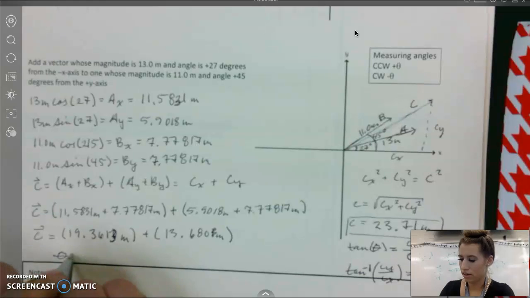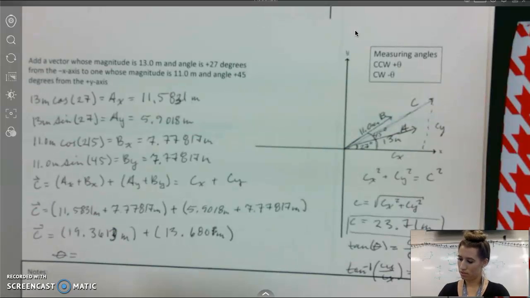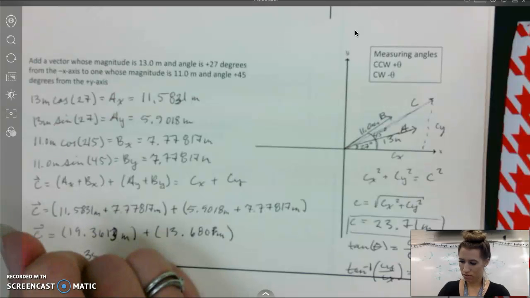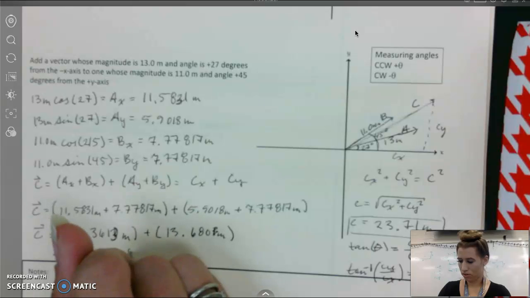And when I do that, let's see what we get. So tan inverse of my cy, which is 13, divided by my cx, which is the 19 number, I get an angle of 35.24 degrees.